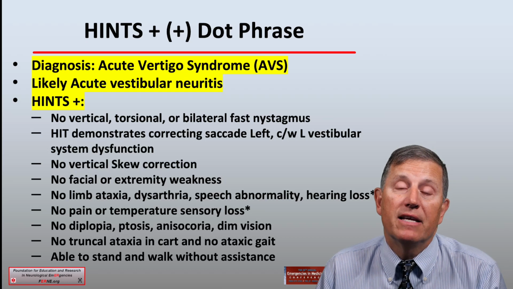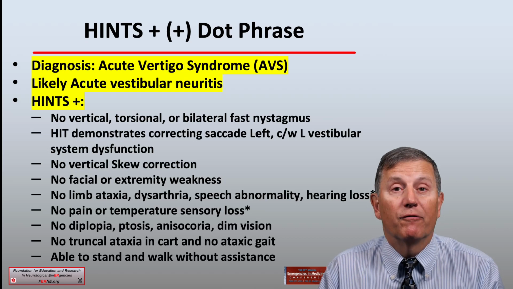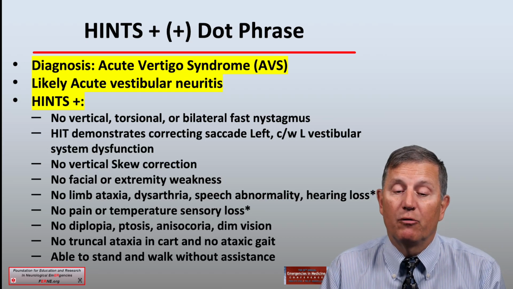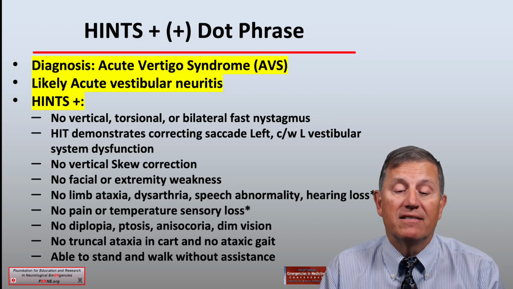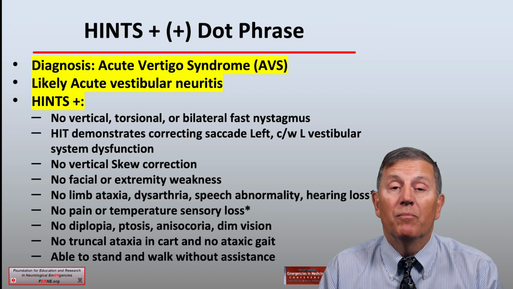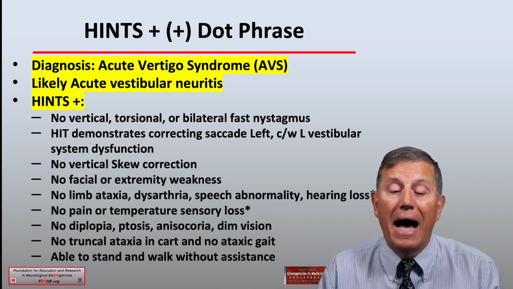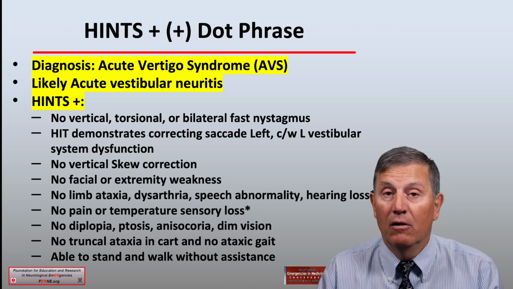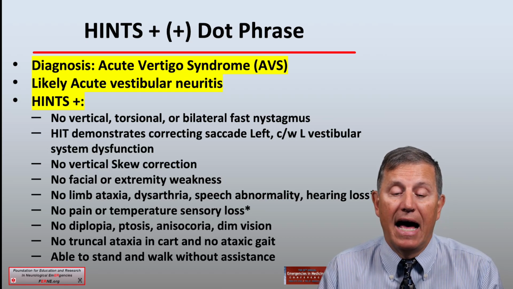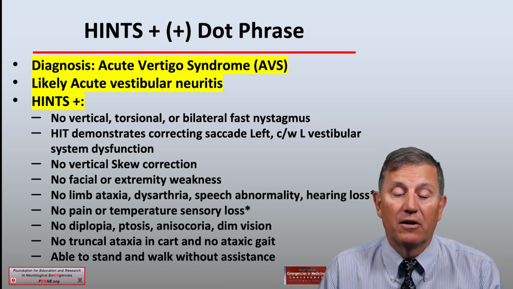Our final dot phrase is related to patients in whom our HINTS++ exam actually demonstrates a peripheral etiology. In this case, your diagnosis is acute vestibular syndrome and likely acute vestibular neuritis. What do we document? From HINTS, we would say there's only horizontal nystagmus, there's no vertical, torsional, or bilateral or bidirectional fast horizontal nystagmus. The HINT test demonstrates a correcting saccade on the left, for example, consistent with left vestibular system dysfunction.